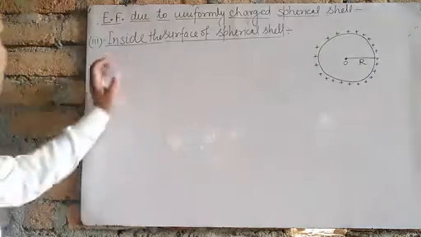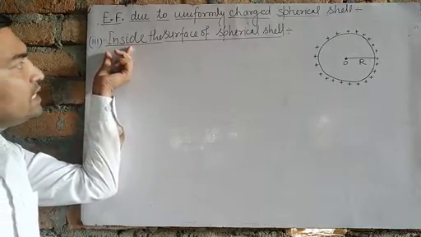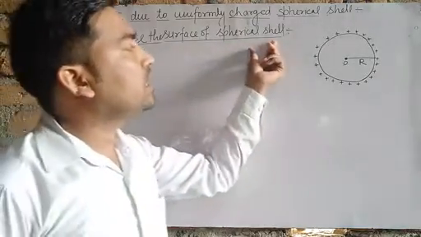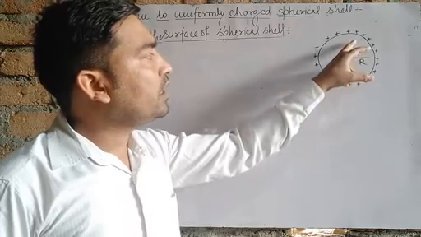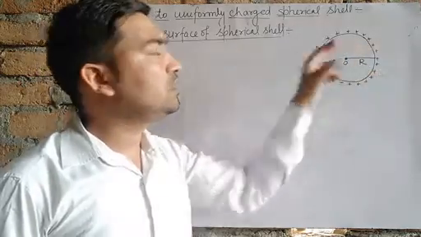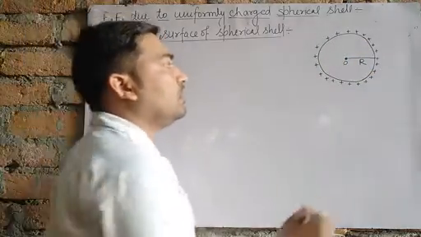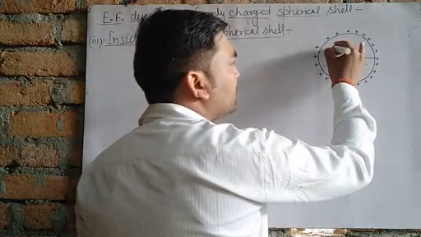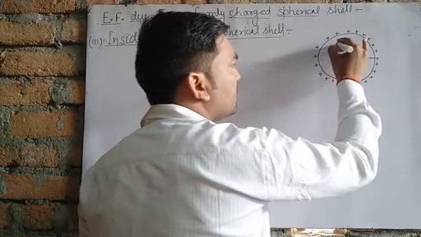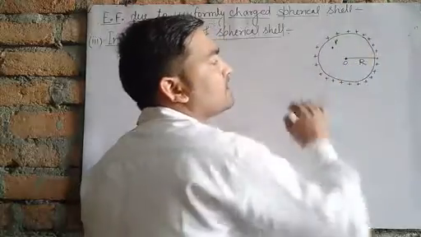Now, the third point is the electric field inside a spherical cell. It means the electric field is to be found inside the spherical cell. Now, let this point P be just inside this spherical cell.